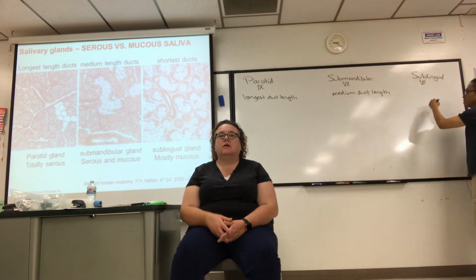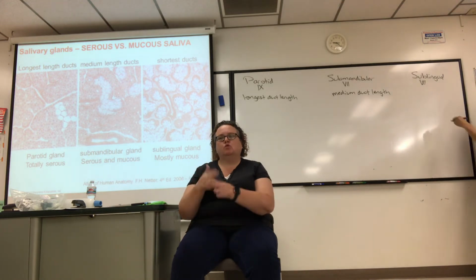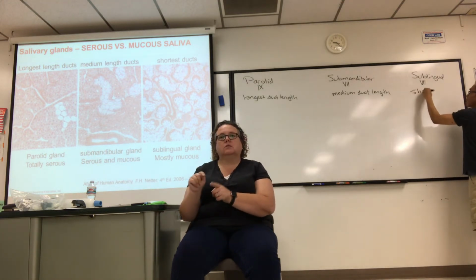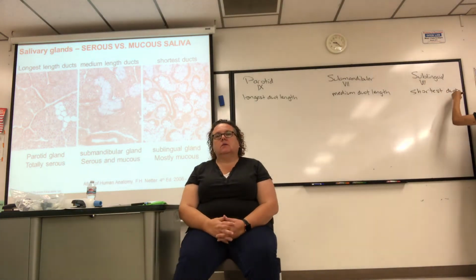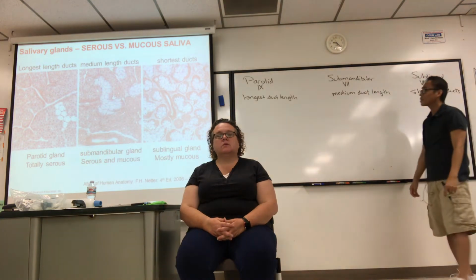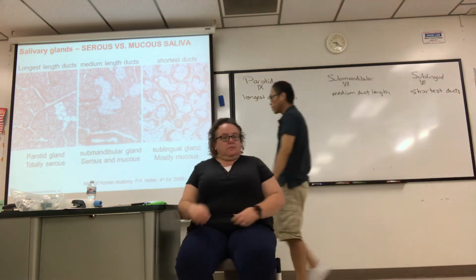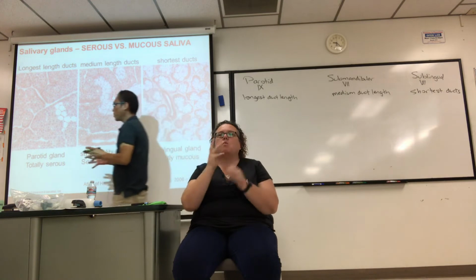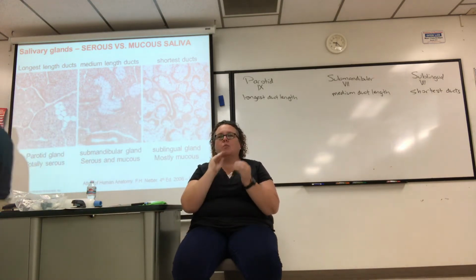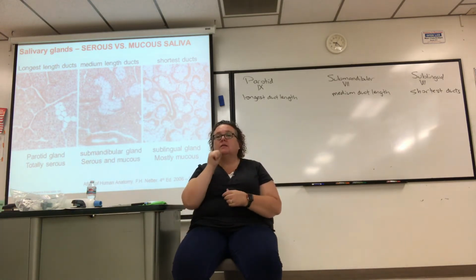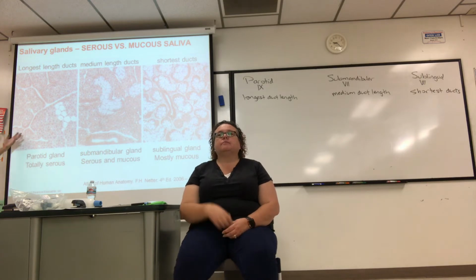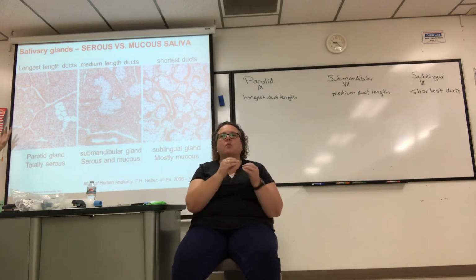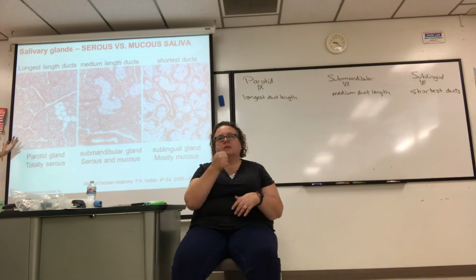And the sublingual has the shortest ducts. Serous saliva is more watery. Mucus saliva is obviously more mucousy, and it doesn't carry well in a duct. If you're mucousy, you get stuck and clogged. So the ones with the longest duct lengths carry the watery, serous saliva best.